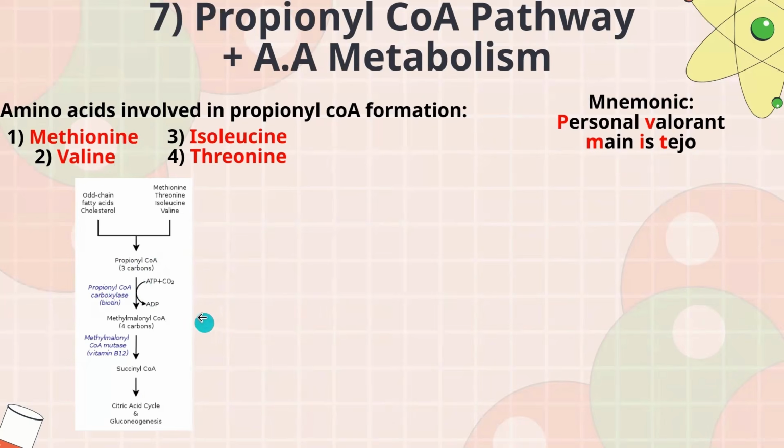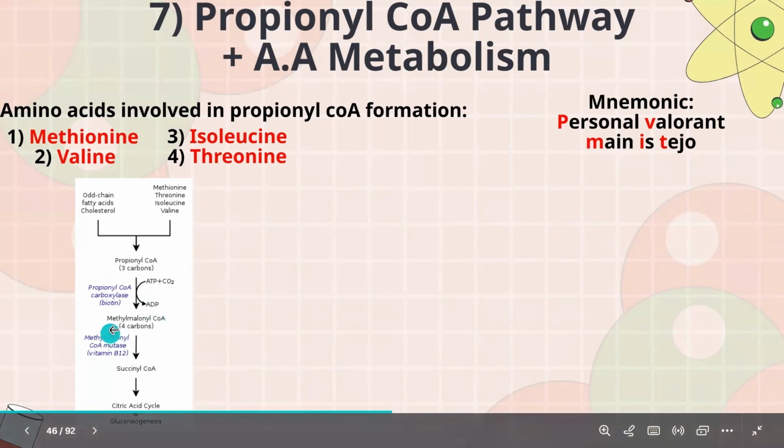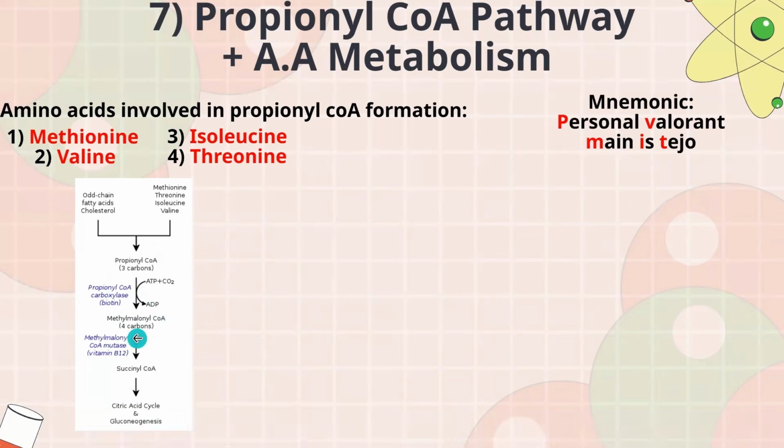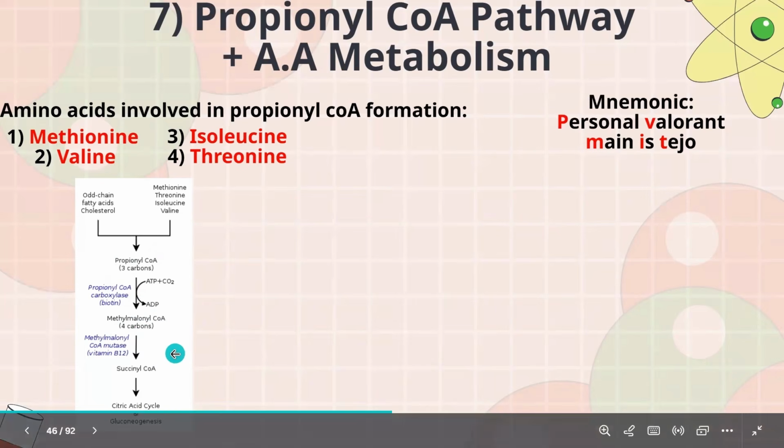We're going to get an extra carbon from propionyl CoA carboxylase, and it will form methylmalonyl CoA, which has four carbons now. Methylmalonyl CoA has an enzyme called methylmalonyl-CoA mutase, and it's just going to mutate it into succinyl-CoA. Succinyl-CoA will either go to the citric acid cycle or gluconeogenesis.